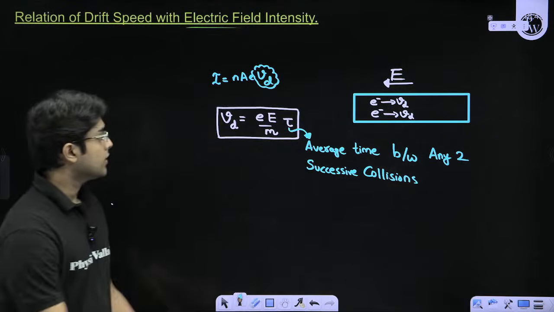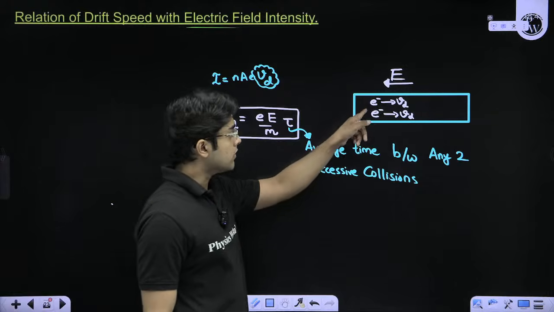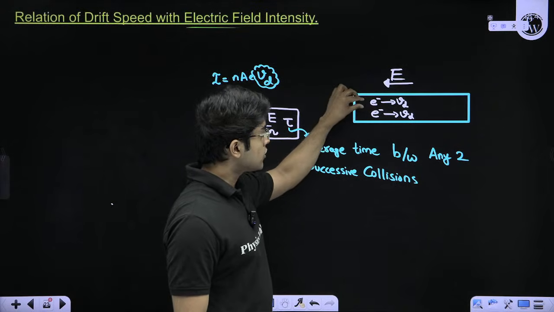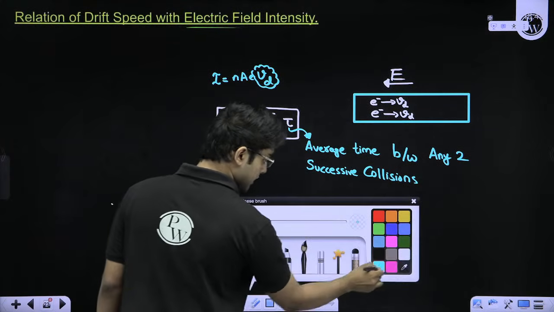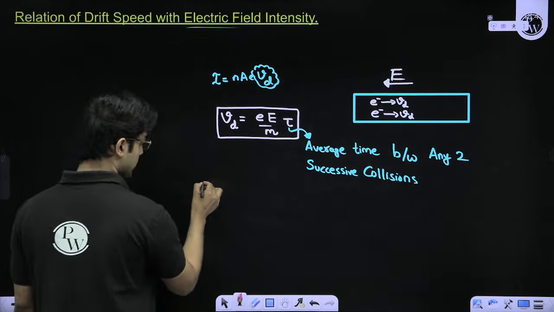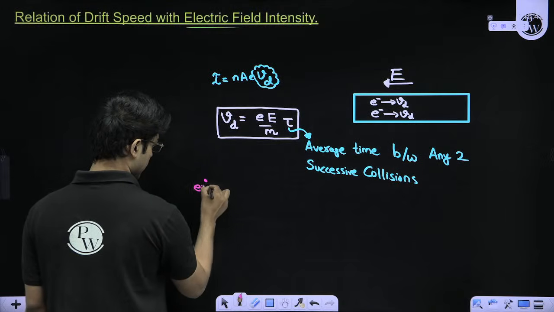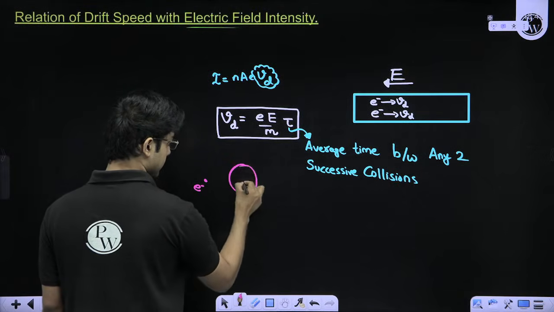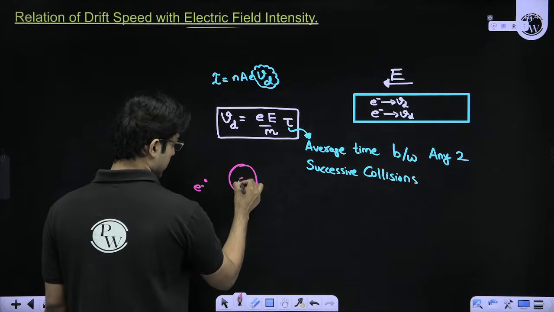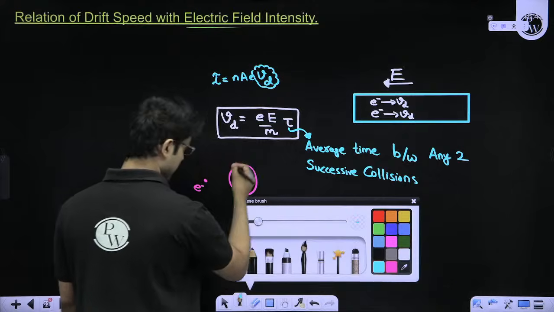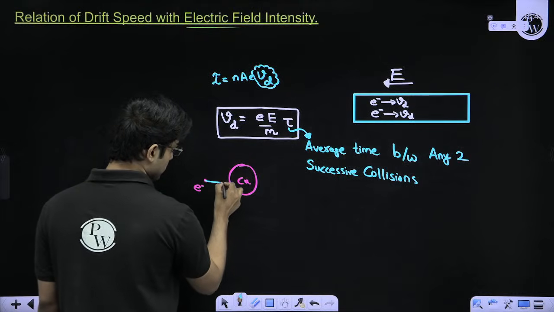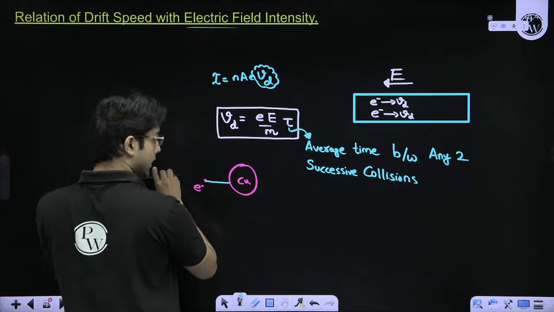As we discussed, the electron is not moving freely inside the conductor. It will always collide with the big positive ions, right? If it is a copper conductor, there will be the copper nucleus or the copper positive ion somewhere here. And if the electron is moving like this, it cannot freely cut through the copper, right?